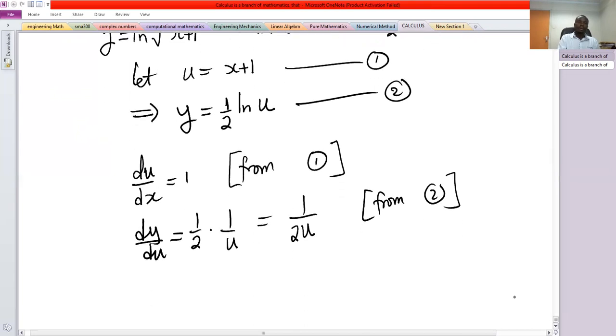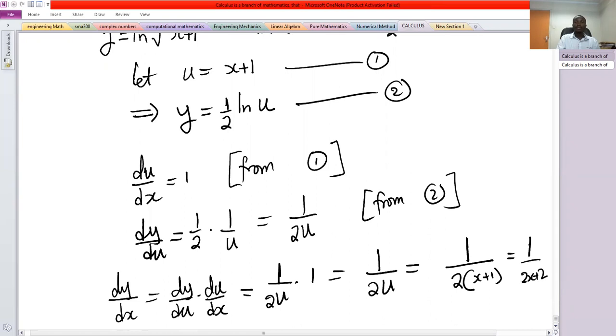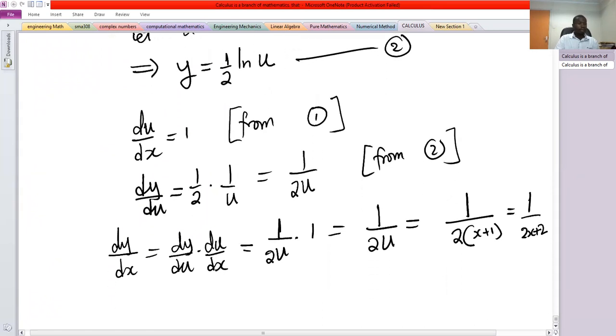So by definition, dy dx is dy du times du dx. So 1 over 2u times 1, which is 1 over 2u, and this will be 1 over 2 into x plus 1, or just say 1 over 2x plus 2. So that's the solution to that.